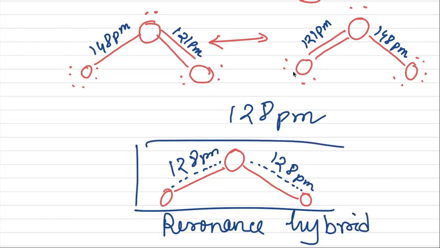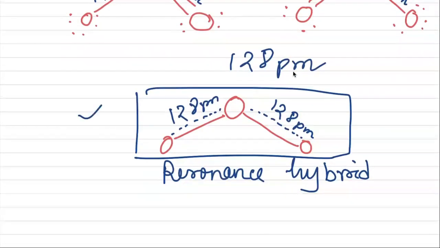This structure is known as the resonance hybrid, because the individual structures are not properly correct. The structure of O3 cannot be explained by those two structures, and its total property can be described by this resonance hybrid structure. So this is known as resonance. Okay, clear?